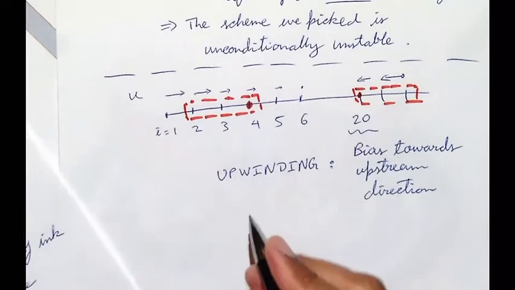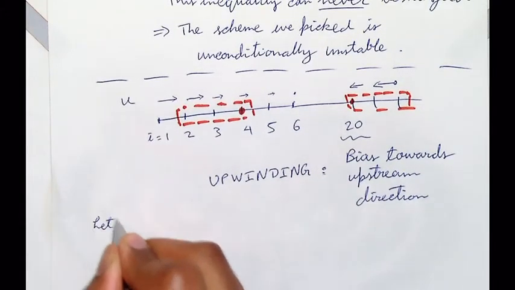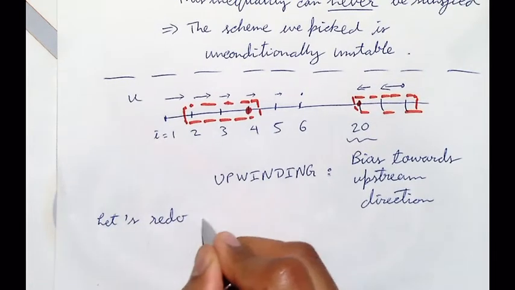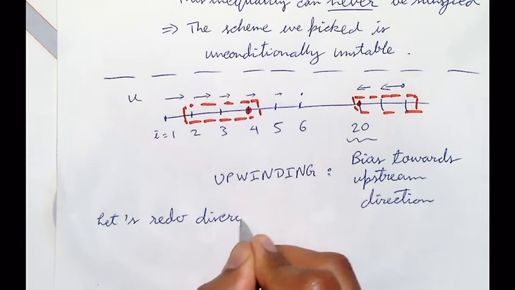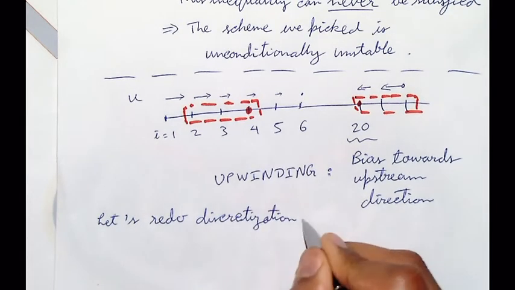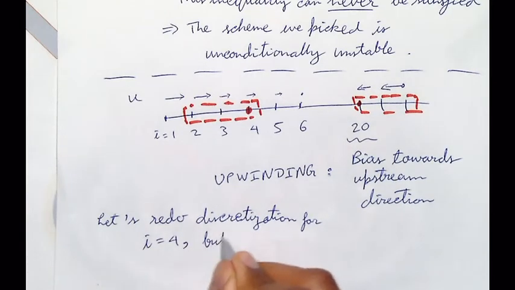So let's redo the discretization for i equal 4, but with upwinding.